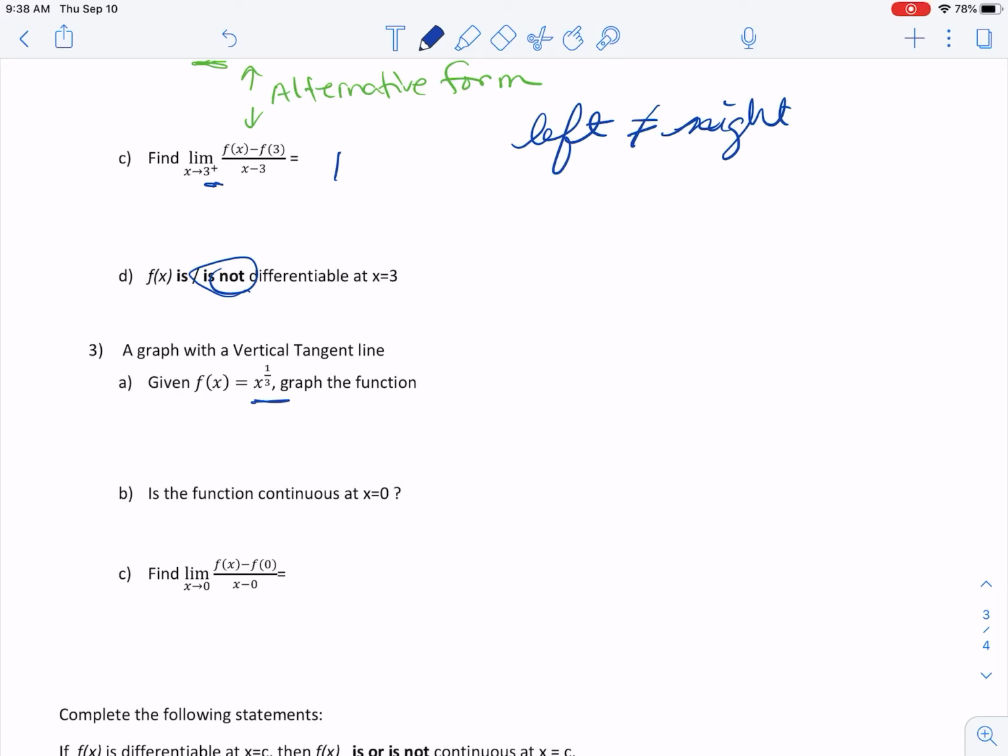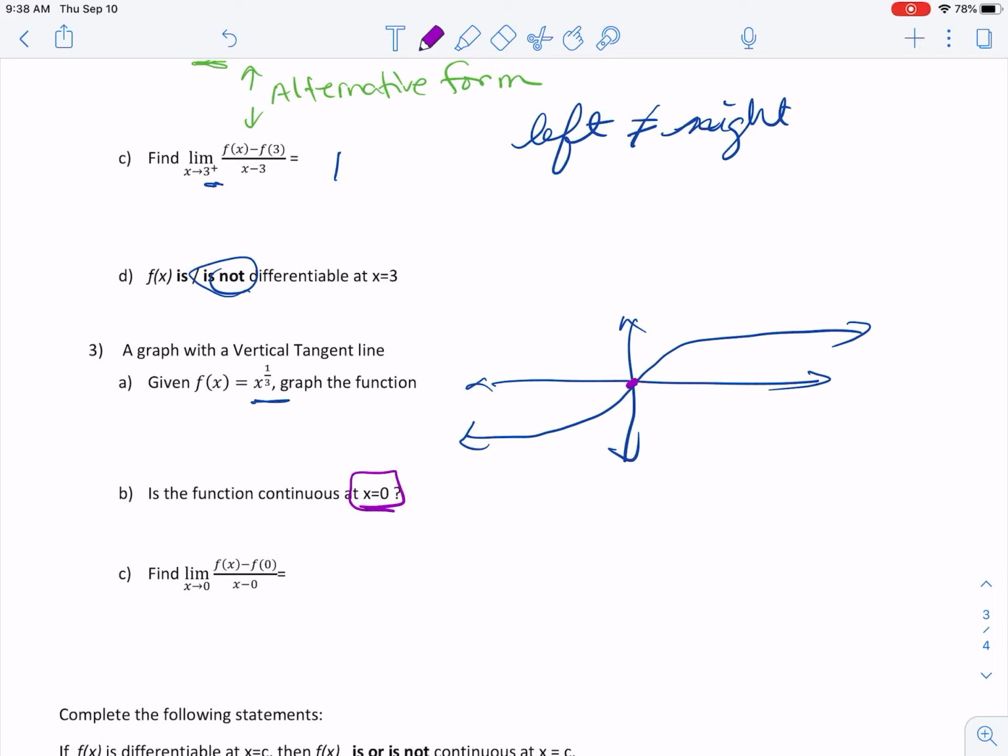A vertical tangent line, okay? The graph looks like this, okay? And remember, we're worried about that point right there at 0. If I pick this point, there's my line. Pick this point, here's my line. If I pick this point, here's my line. And what happens is that the slope of my tangent line is slowly becoming vertical. And remember, the slope of a vertical line is undefined.